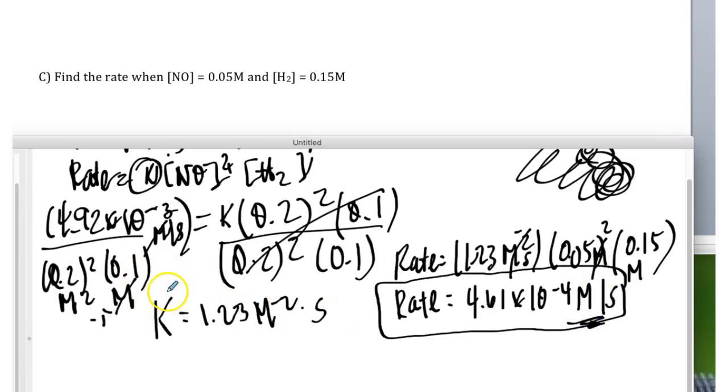The only one that has the funky units is the k value. And keep in mind that this is 1.3 molarity squared seconds. You're not squaring this number. It's already to the 1 power here. Okay, so don't get confused.